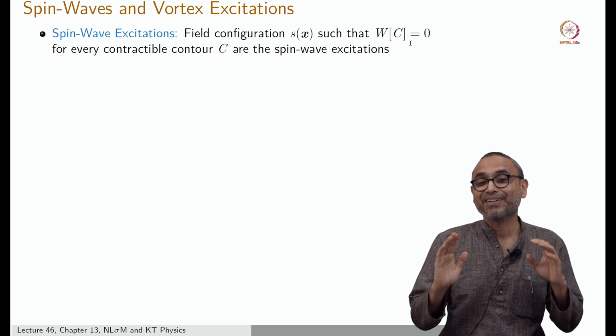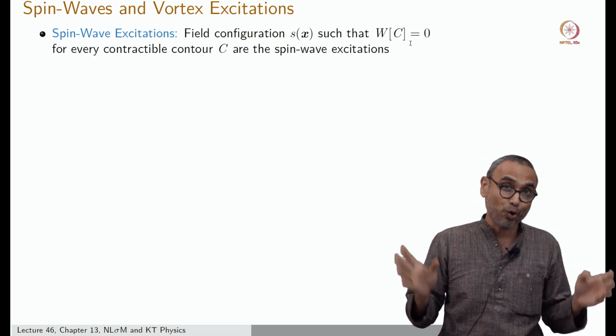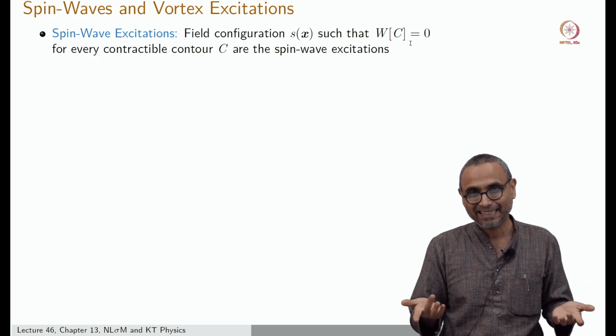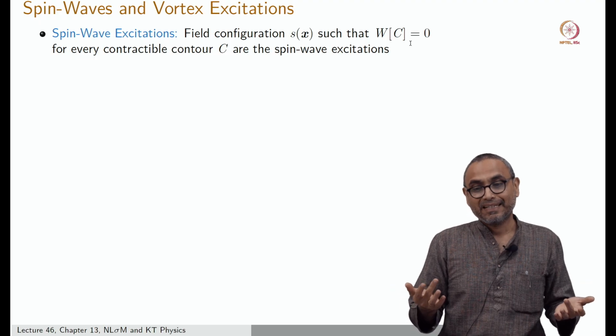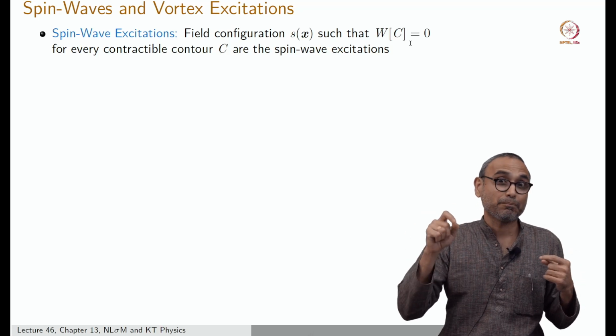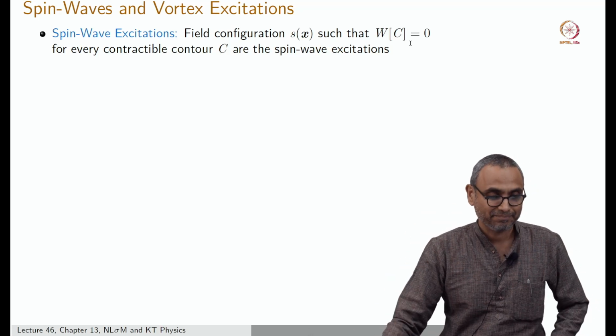So spin wave excitations are characterized by those configurations of S of x such that all their winding numbers on any contours will vanish.